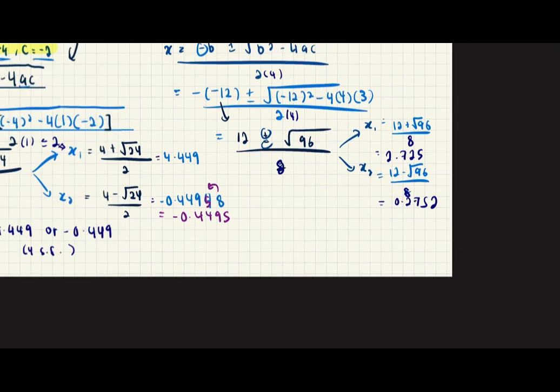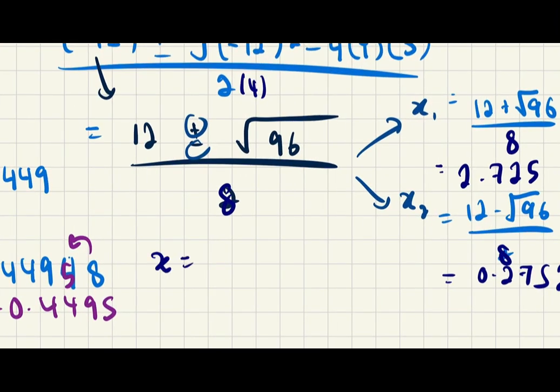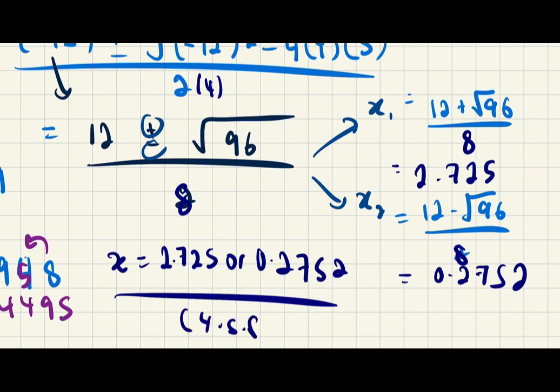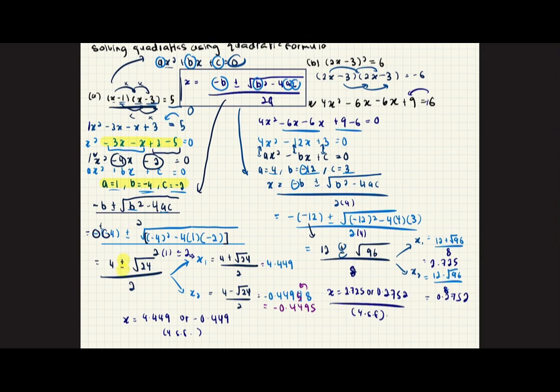So you can write here your x is equal to 2.725 or 0.2752. Right? So that's it. And then you write 4 significant figures. So that is how to solve quadratic using quadratic formula.